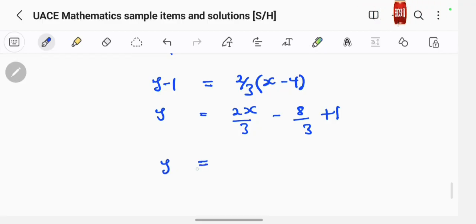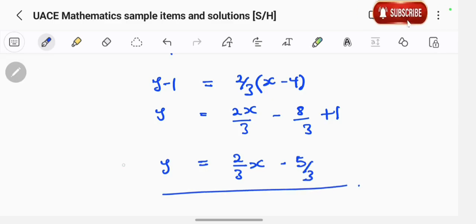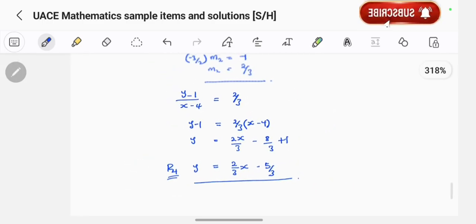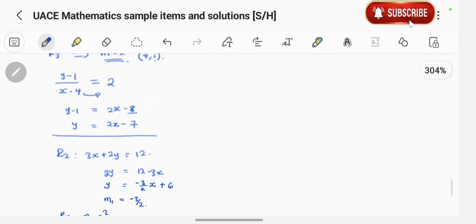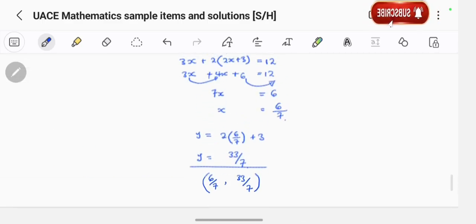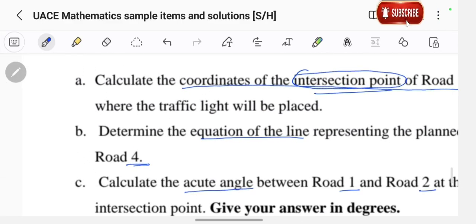End up with y is equal to 2 out of 3 x minus 5 out of 3. That's our R4, our rod 4. So this is it. Then we're done with part A and part B.